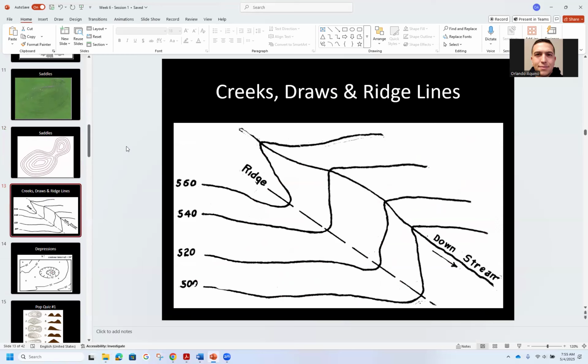If we have a ridge line running through there, you will see how the ridge line makes this U shape as it's climbing up in elevation, right? Whereas the stream, if it's going down the hill, is making this V shape.